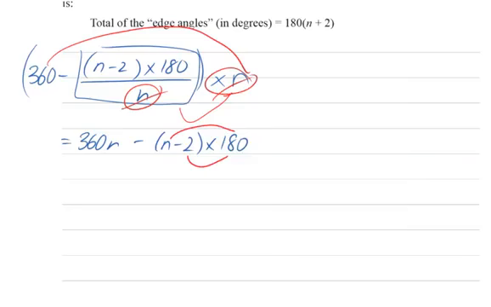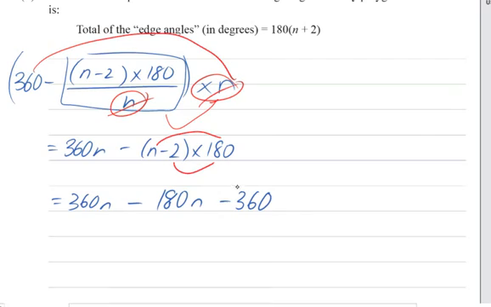So we're going to have 360n minus n times 180. How do I write n times 180? 180n. Minus negative 2 times 180. Negative 360? Minus negative 2 is positive 360.